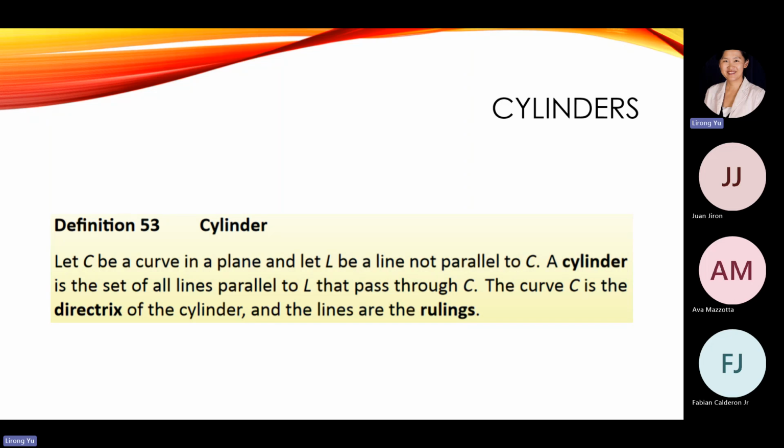So the C is being copied over and over along this L in that direction. A cylinder is all the points on the lines parallel to L that pass through C. So you repeat the C in the L direction to form the cylinder. The curve C is called the directrix of the cylinder, and the lines are the rulings, or L is the ruling.